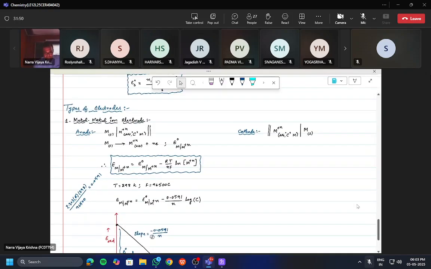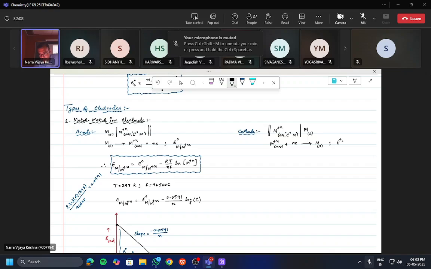Come to this one. What is the reaction? What is the meaning of this reaction? M plus N aqueous plus N electrons gives rise to metal.